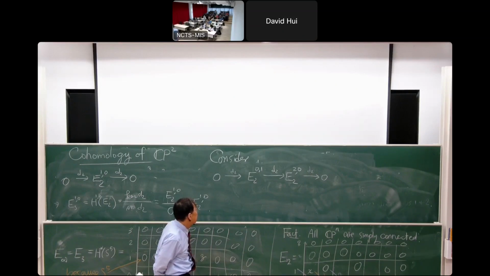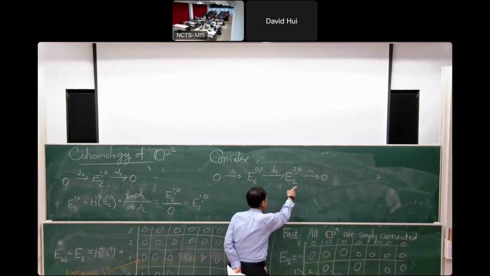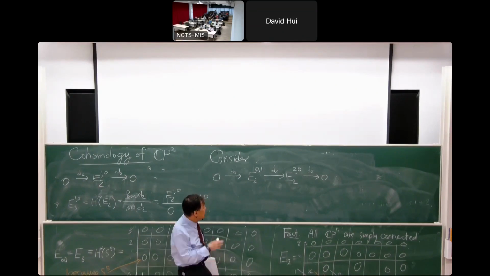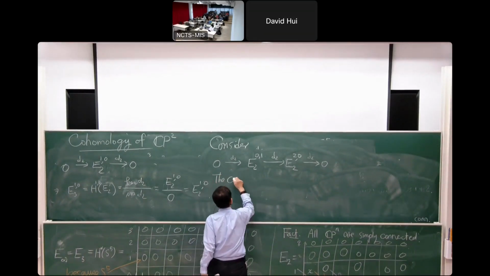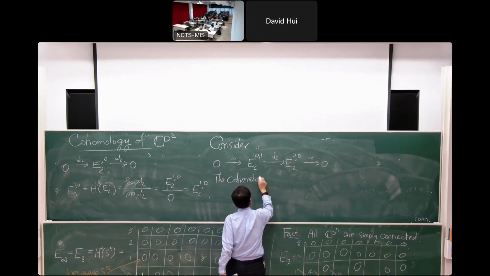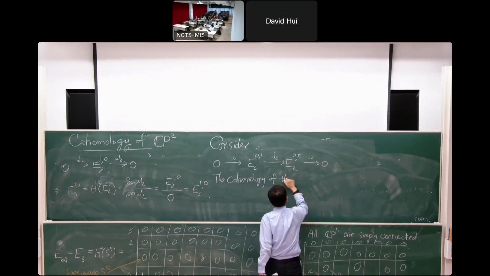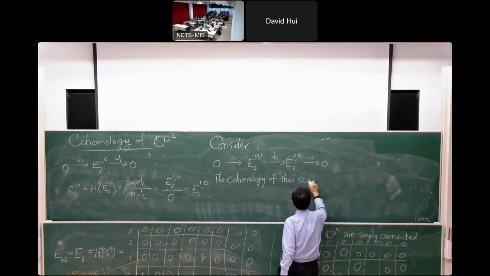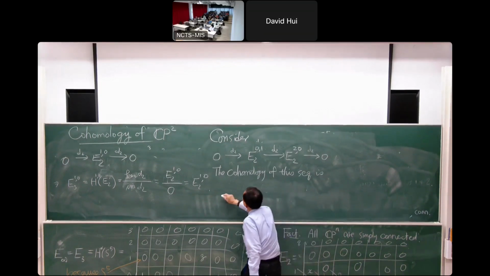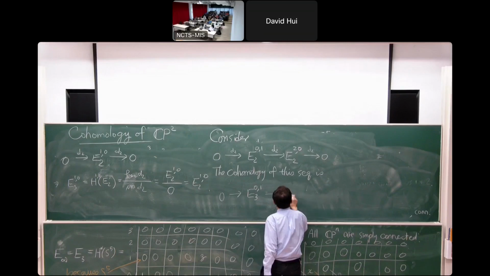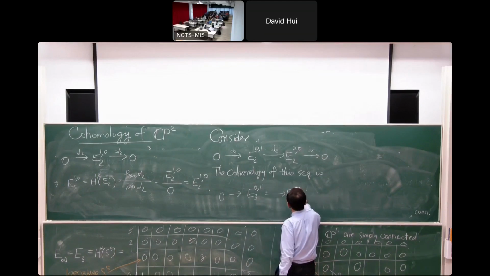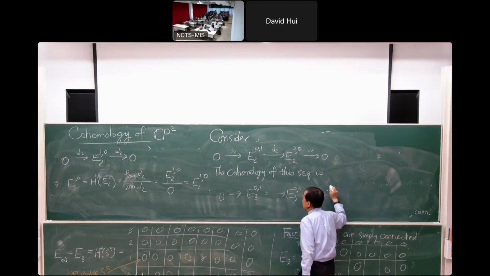But if you take the cohomology of this sequence, what you get is E3, right? The cohomology of this sequence is E3 of 0, 1 and E3 of 2, 0.